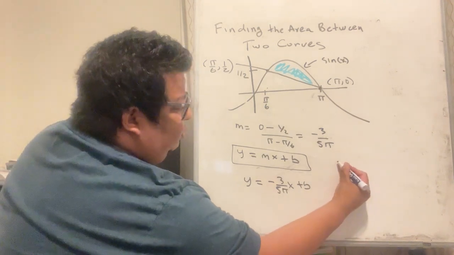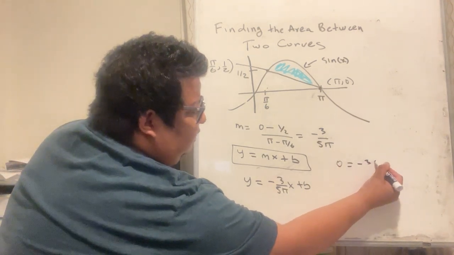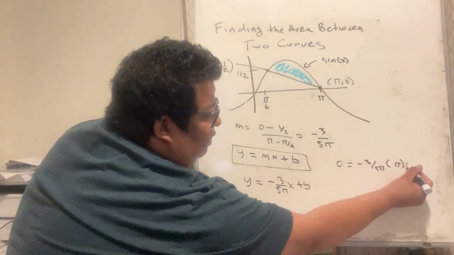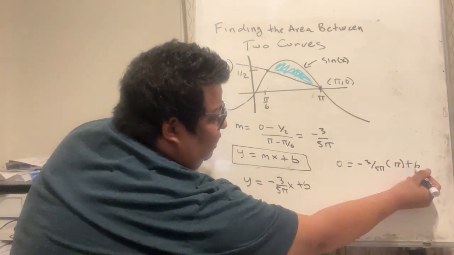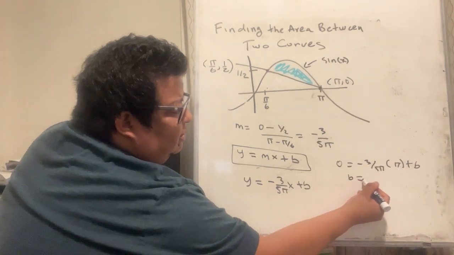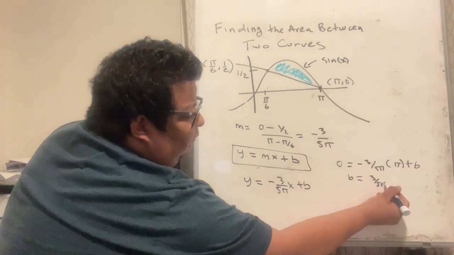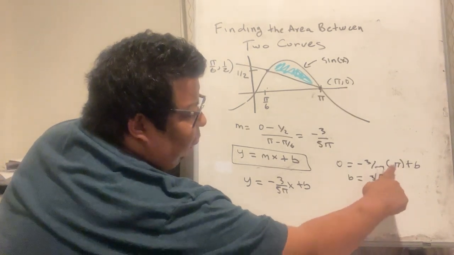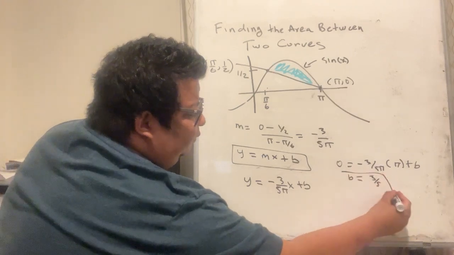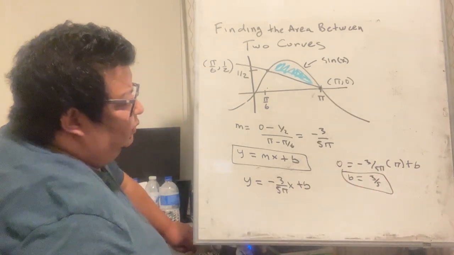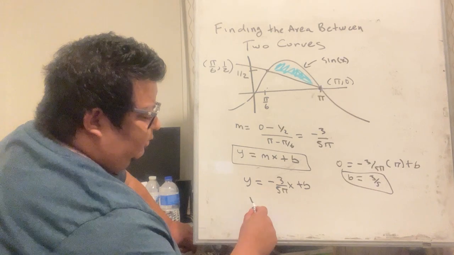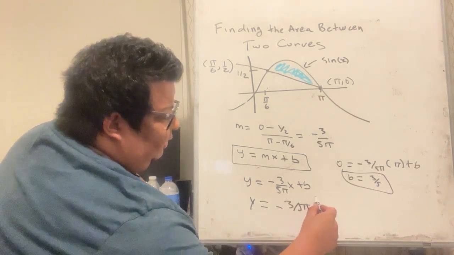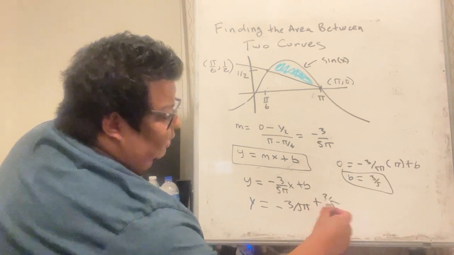So 0 equals negative 3 over 5 pi times pi plus b. That tells me b is equal to 3 over 5, because the pi cancel. So the final line is y equals negative 3 over 5 pi x plus 3 over 5.